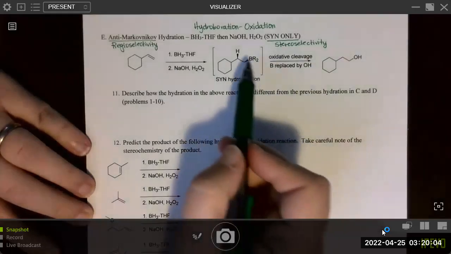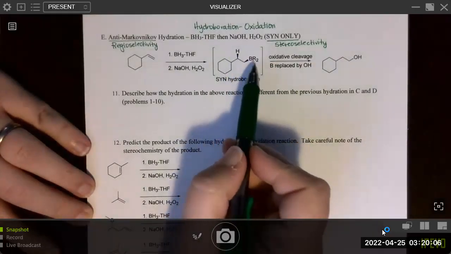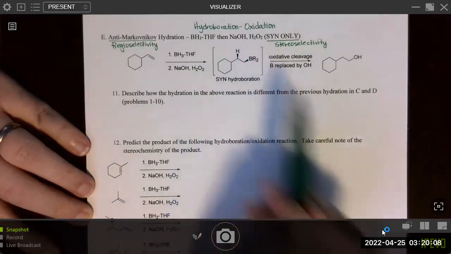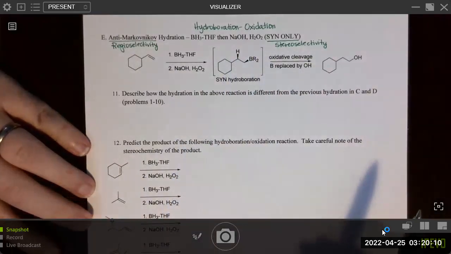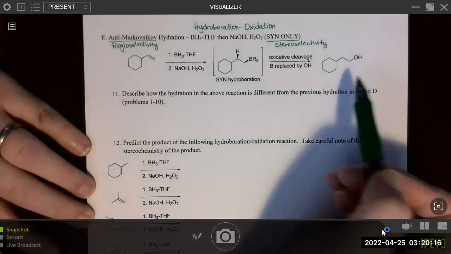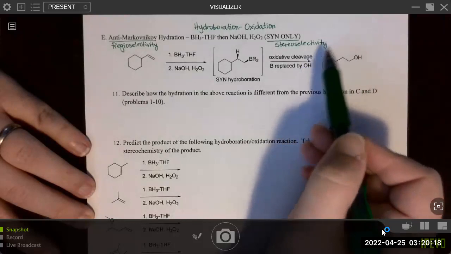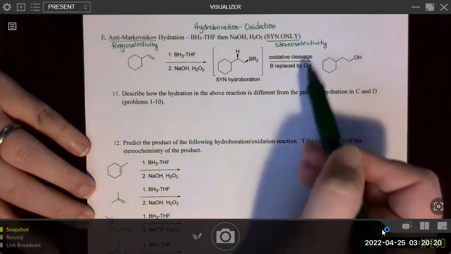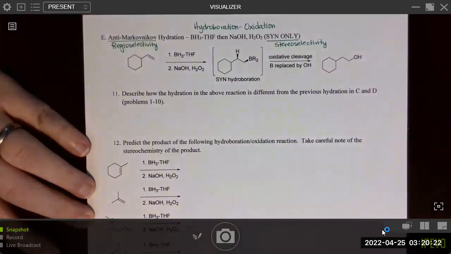Notice that the hydrogen and OH end up with syn addition, which will only matter if you end up with a product with 2 chiral centers. In this case, we would end up with a product with 0 chiral centers, so we don't have to concern ourselves with the stereoselectivity when drawing the product.